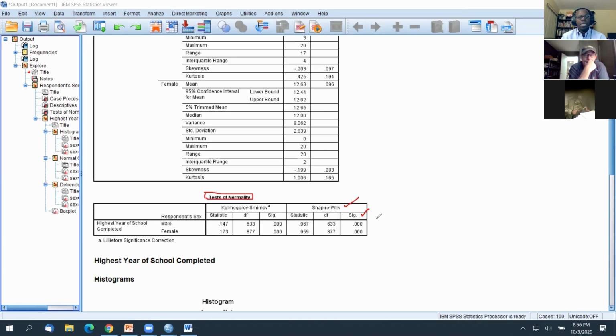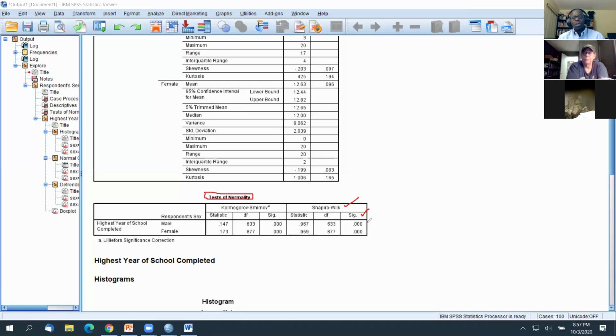In other words, how well does the distribution of males compare to the normal distribution, the bell curve? Same thing for females. How well does the distribution of females' scores on highest education compare to the normal distribution?